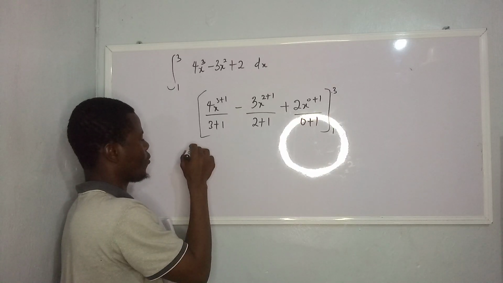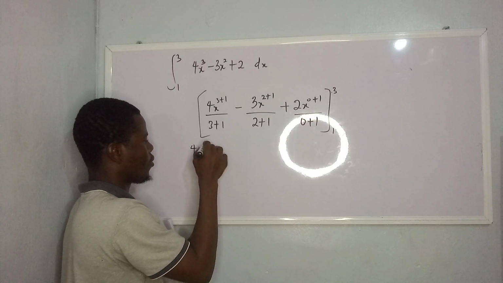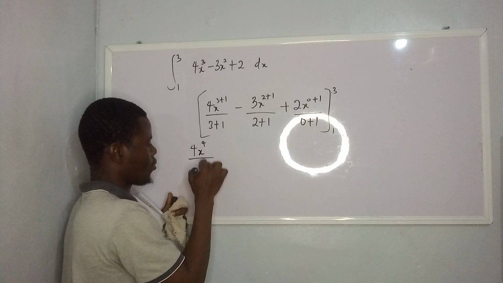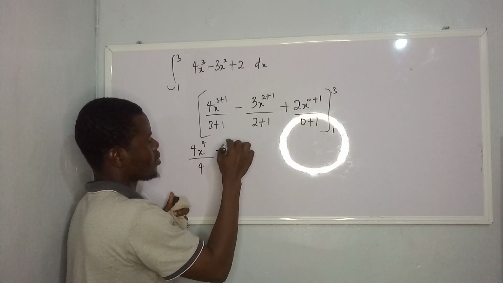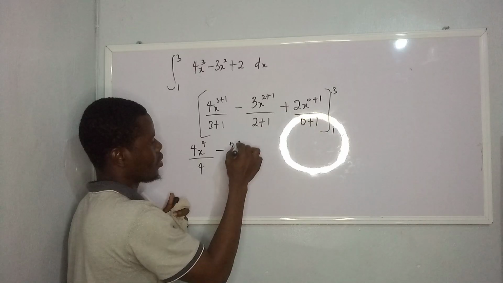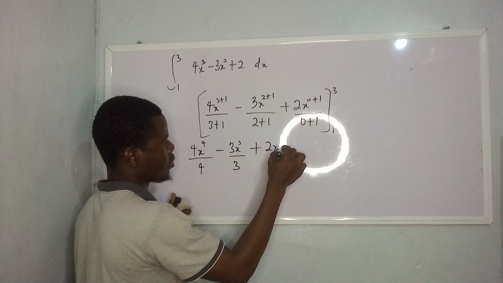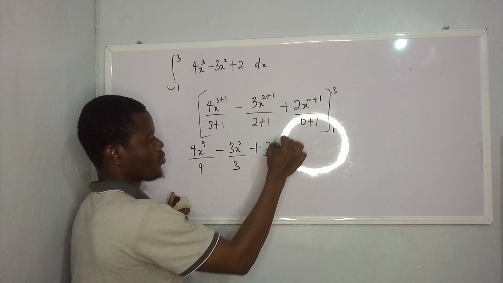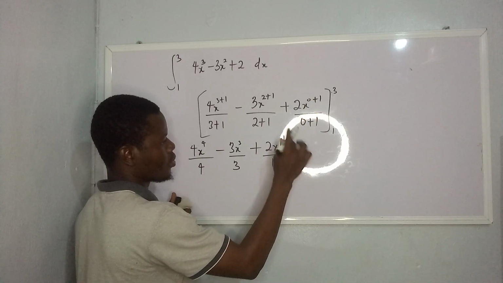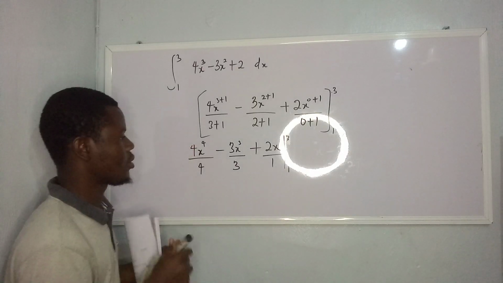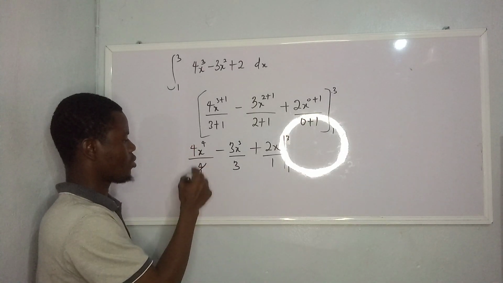We are going to have 4x raised to power 4 over 4, minus 3x raised to power 3 over 3, plus 2x, from 3 to 1. Then the 4s and 3s cancel out.